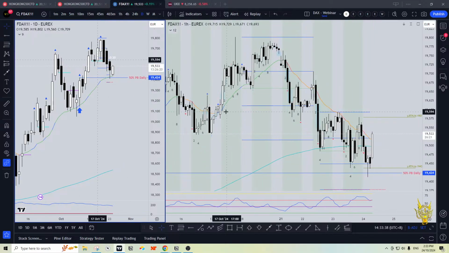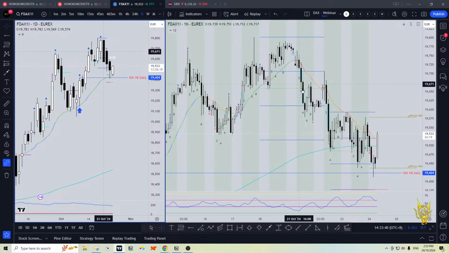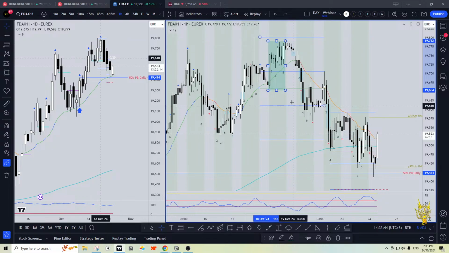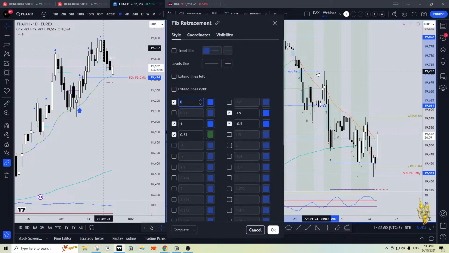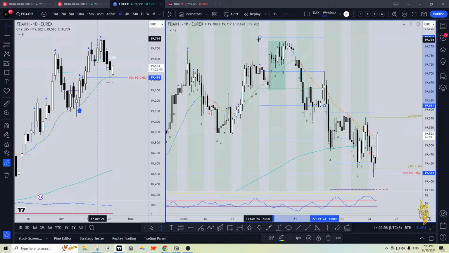If I zoom into the 60-minute chart, what am I looking for here? Well, I'm looking for any spikes that failed. So I've got a fib here. On this fib, I've got a 50%, and I've also got a 1/3 and a 1/3. The setup is 0, 1, half, minus a half, 0.25. And I'm using that because this is a handy tool if you use this technique to look at spike failures.